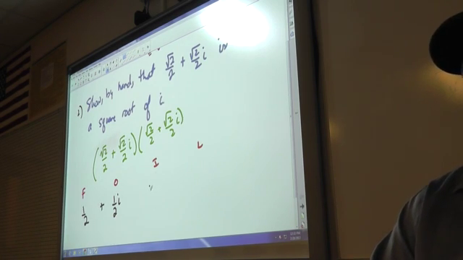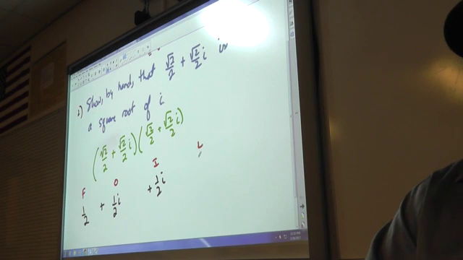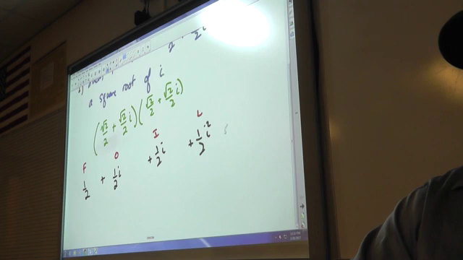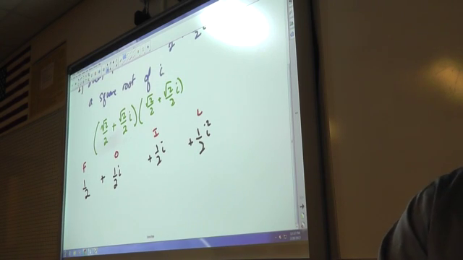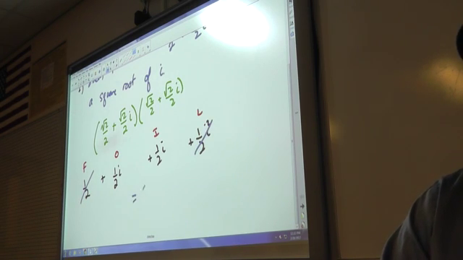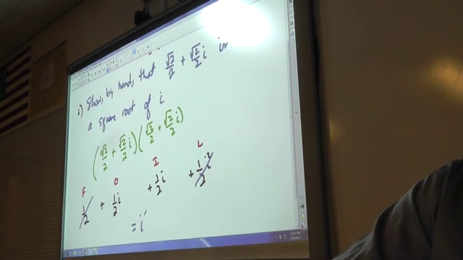The inner is 1/2 i. And the last is 1/2 i squared. Now what is i squared? Negative 1, so it's negative 1/2, which cancels out the first one. And we have i. So the square root of i, one of the square roots, is this weird number here. Who'd have ever thought, right?